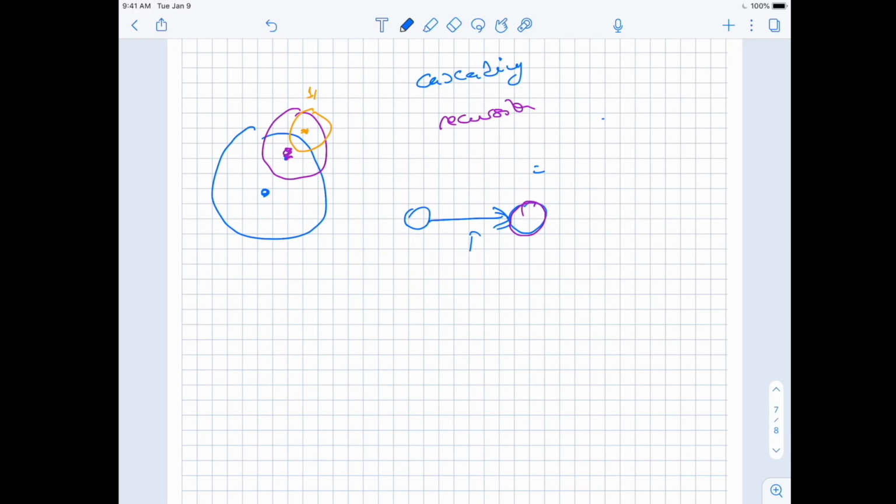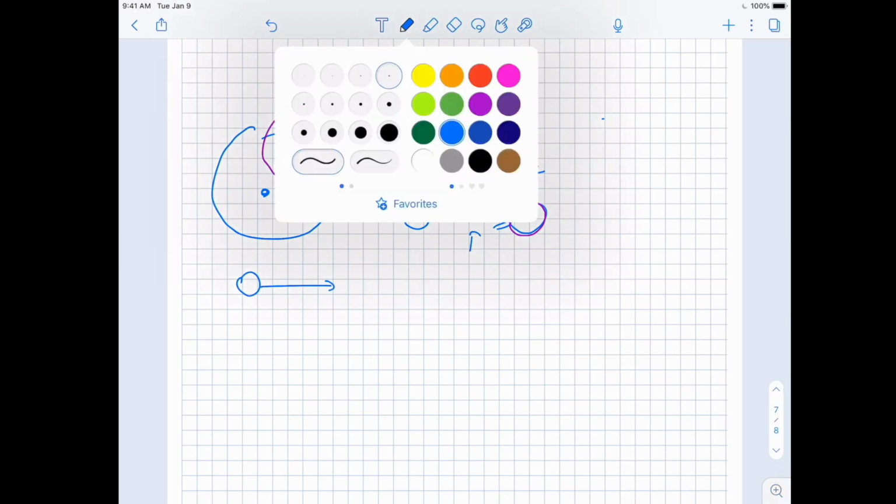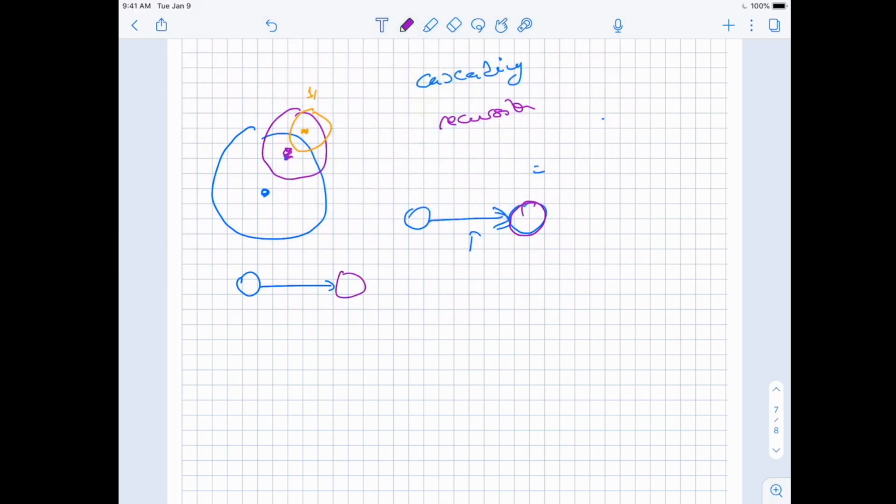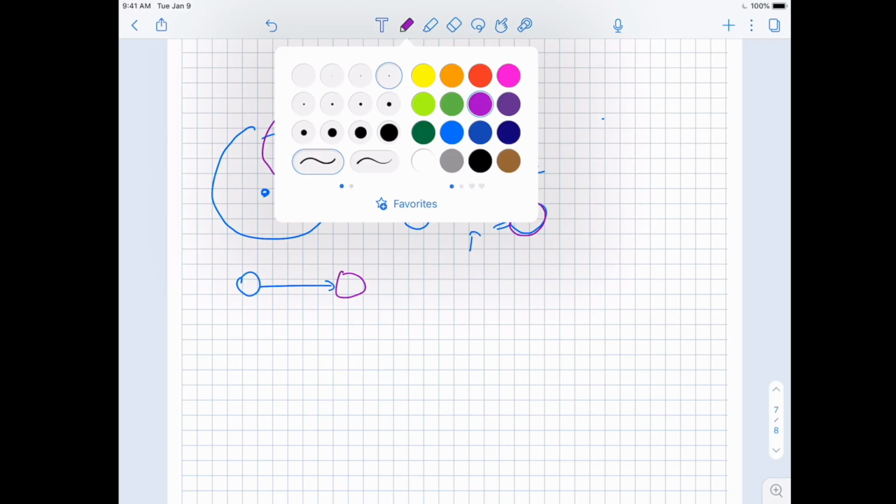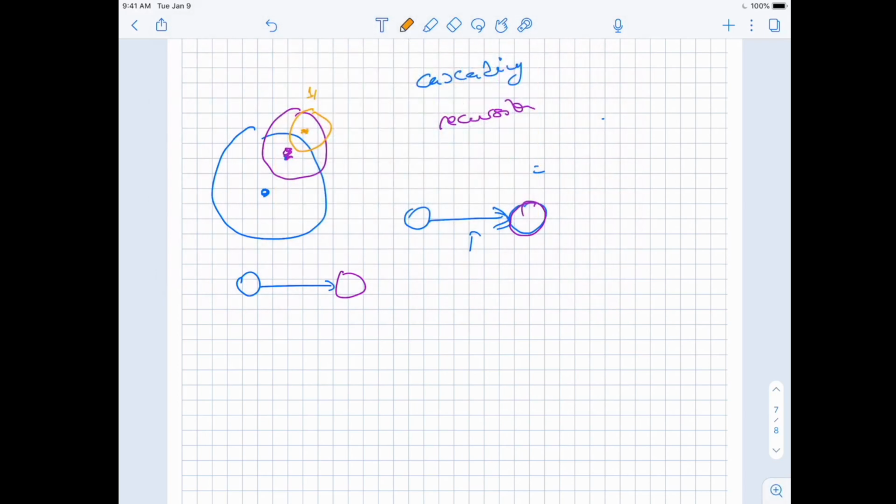So for example, here we would have an edge from the blue circle to the purple one, and then we'll need another edge from the purple one to the orange one, because the orange one is in the purple one. But we don't have an edge like this the other way, because the purple one is not in the orange circle, okay? I hope that was clear.